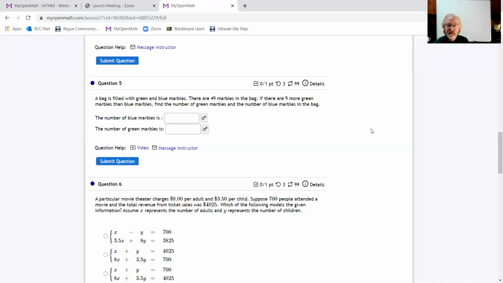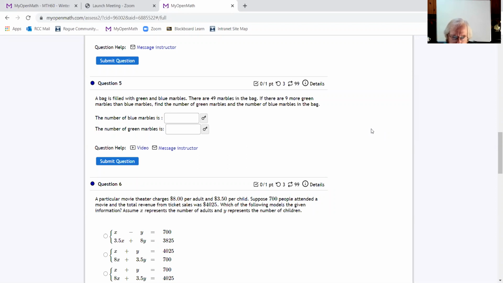The second condition is very similar to what we'd have to do with the length and width for the perimeter problems, right? But here, be careful. Maybe write it out both ways and think about it yourself. Is it that the blue equals green plus 9, or is it the green equals blue plus 9? It says there are 9 more green than blue. So the green is being compared to the blue.